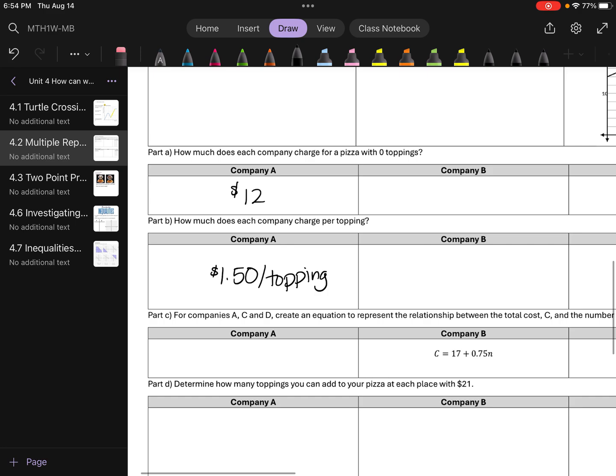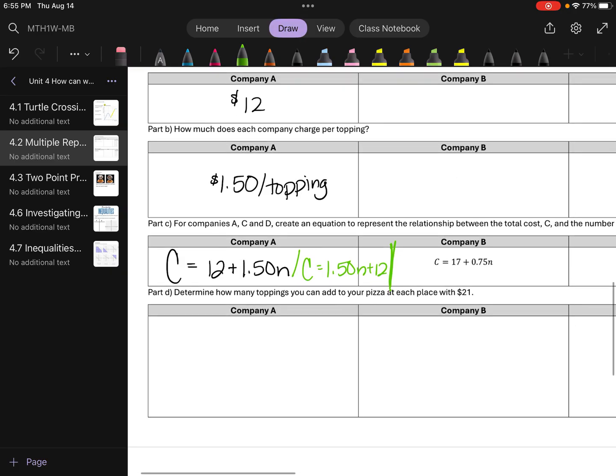It says now to write an equation. So my cost of my pizza is equal to $12 plus $1.50 per N. And if you happen to write your equation this way, this means the same thing. And then determine how many toppings you can add to your pizza at each price with $21.